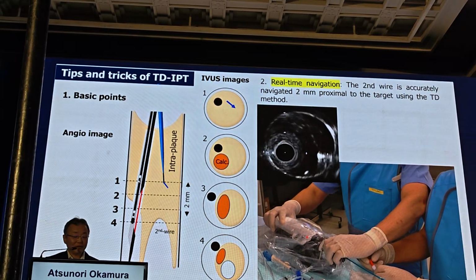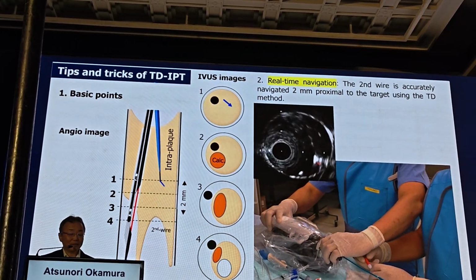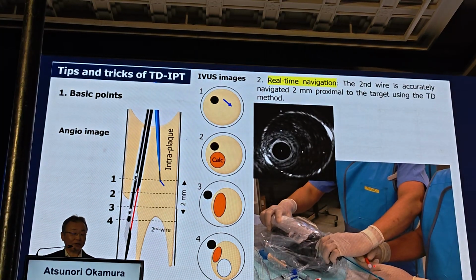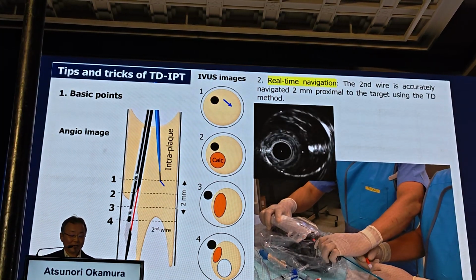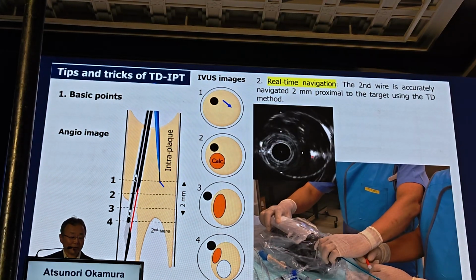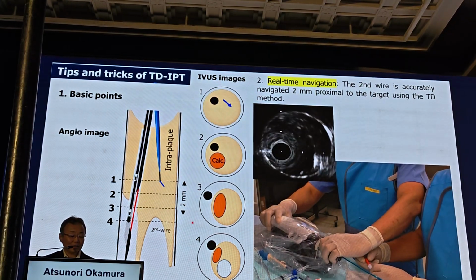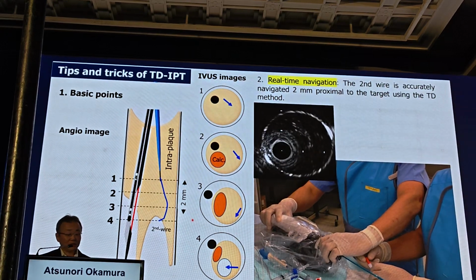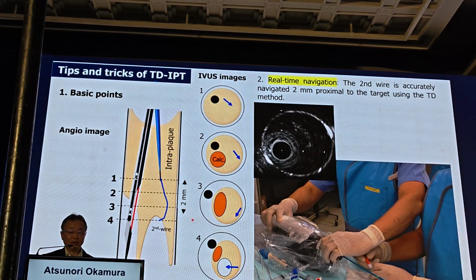Back and forth movement, the second operator shows me the tip direction, like this one. Then I rotate the guide wire tip correctly to the target. So this back and forth movement is very important. Then clockwise, then the guide wire tip is going to the true lumen, like this one. That is the tip detection method using the IVUS.